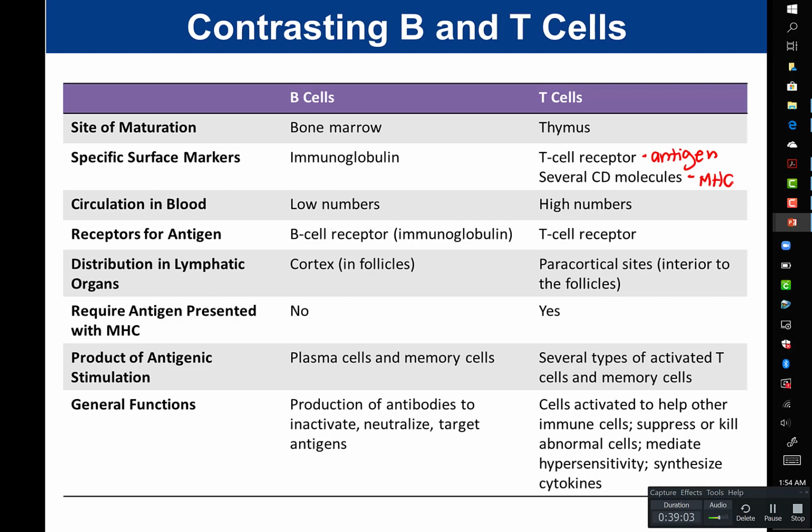General functions of B cells: to produce antibodies, to inactivate, to neutralize, and to target antigens. For the T cells, these are cells activated to help other immune cells. They're used to suppress or kill abnormal cells, to mediate hypersensitivity, and to synthesize cytokines. And so their functions are going to be distinct. They work together, but they're distinct.